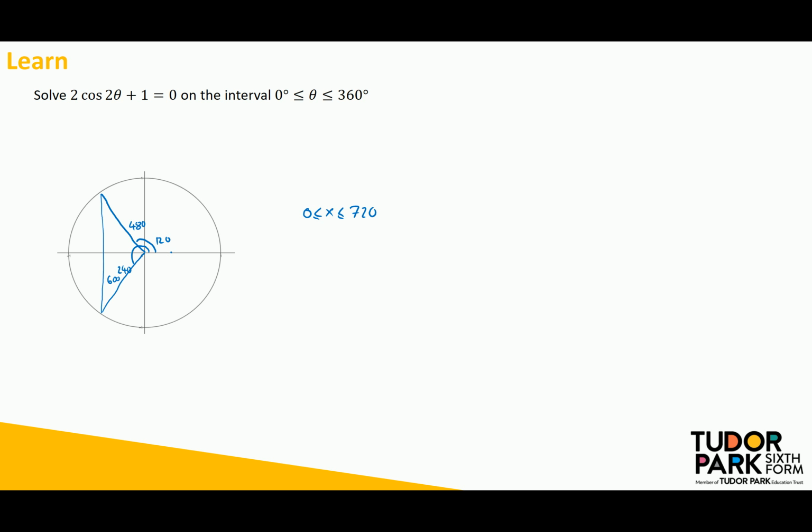So this equation has 4 solutions. X, which was 2 theta, is 120, 240, 480, and 600. So theta, if I divide by 2, is going to be 60, 120, 240, and 300.